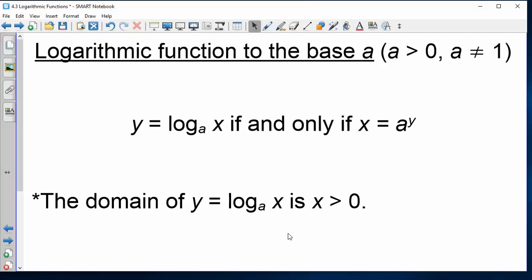And you can go back and forth between exponentials and logarithms. What it means: y is equal to log base a of x if and only if x is equal to a to the y power. This is the really, really important piece.